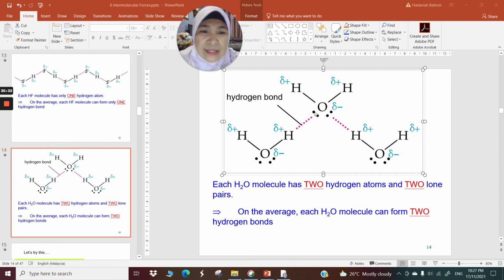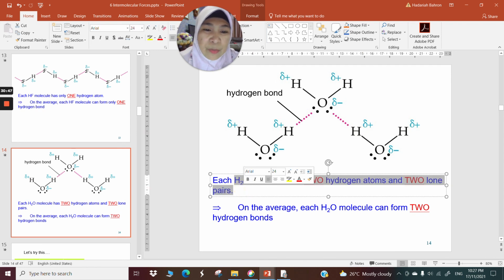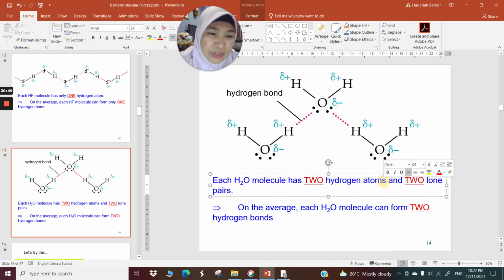Because of the two lone pairs of electrons on one oxygen, that particular oxygen can bond with two water molecules, one on the left and one on the right. So each water molecule has two hydrogen atoms and two lone pairs of electrons.